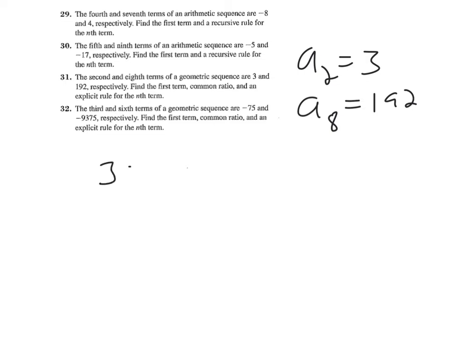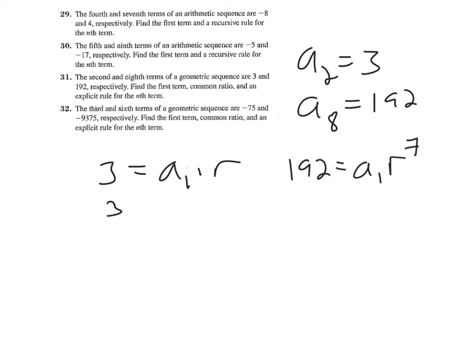I know that 3 equals the first term times r, because this is the second term. I just have to multiply the first term times r, so I don't know what that is. But then I know that 192 equals a sub 1 times r to the 7th, right? Because it's n minus 1.